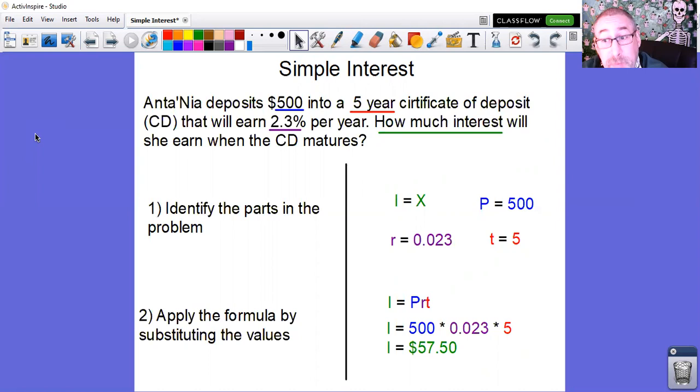So the bank's going to pay her $57.50 after 5 years to borrow her money. All right. So again, identify the parts. There's only 4 pieces. Remember, our rate is our percent that has been converted into a decimal. Percent divided by 100 gives you that decimal.